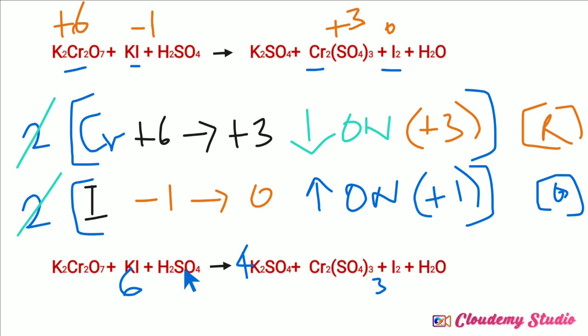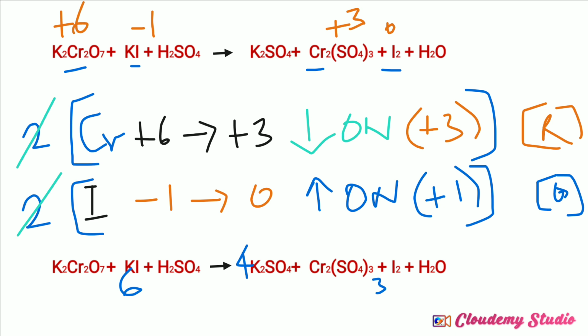But on the left hand side, the sulfate in the sulfuric acid, the sulfate radical is there only 1 time. The right hand side 7 times, but the left hand side only 1 time. Therefore, what has to be done? The sulfuric acid has to be multiplied by 7 times.